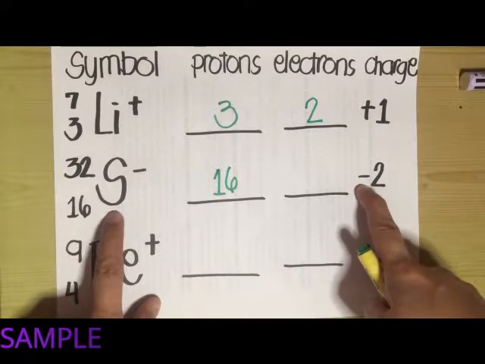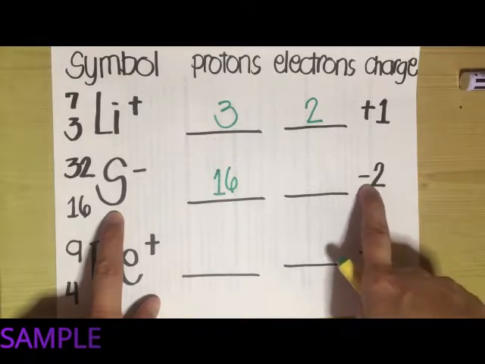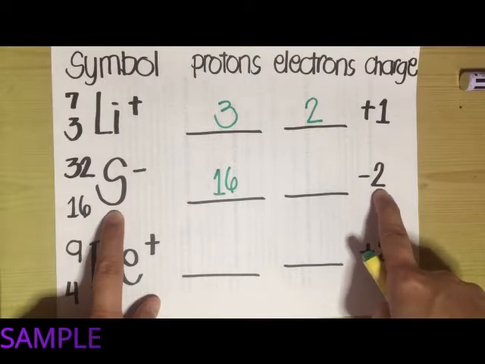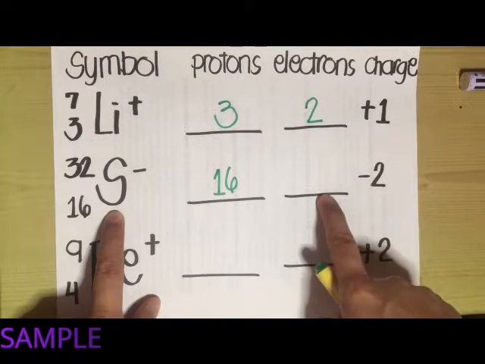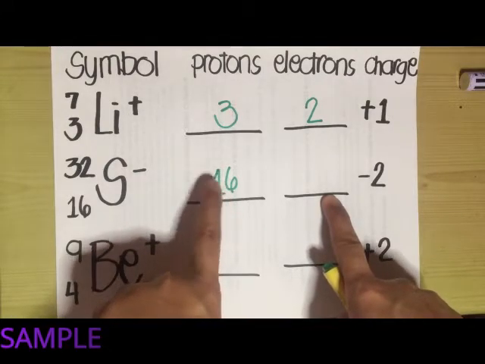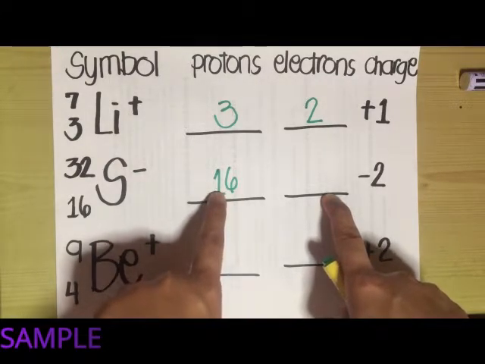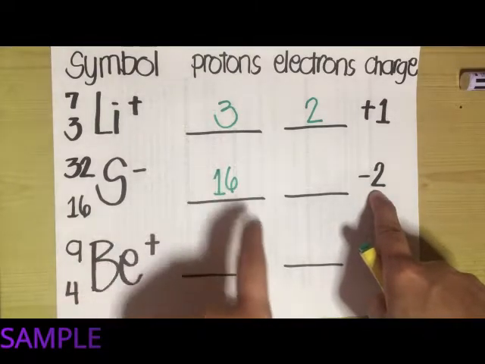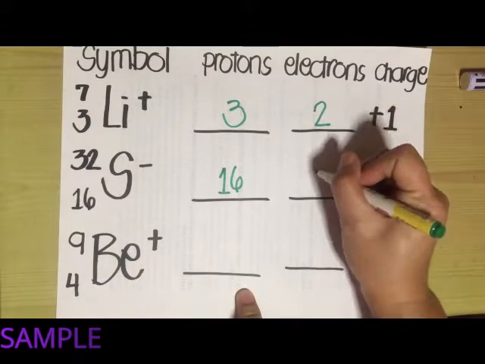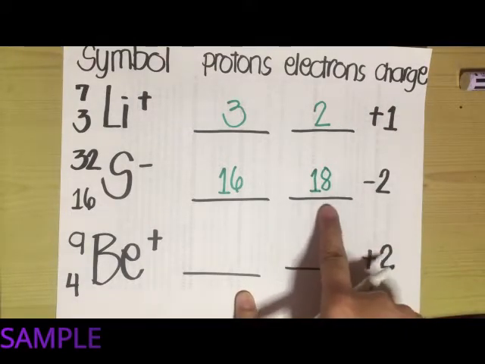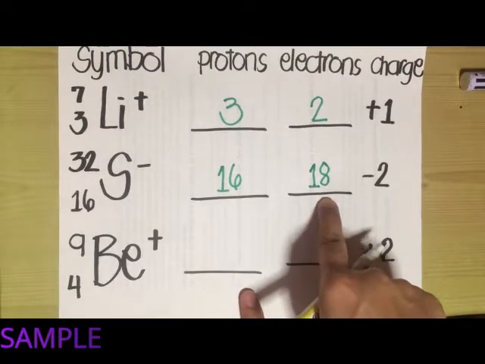So, dito sa example natin, ang nadagdag daw kay sulfur ay 2. Okay? 2. So, now, ilan yung electron ba natin? Originally, 16 din yung electron natin. Pero, nadagdagan daw siya ng 2. So, 16 plus 2 is 18. Okay? Yan. So, 18 now is the number of electron.